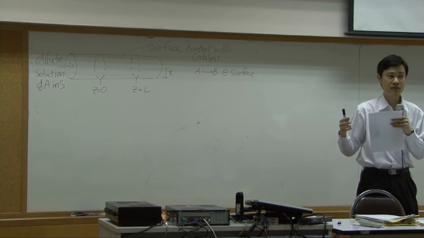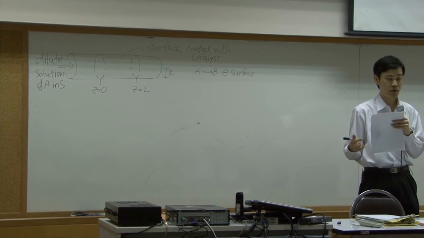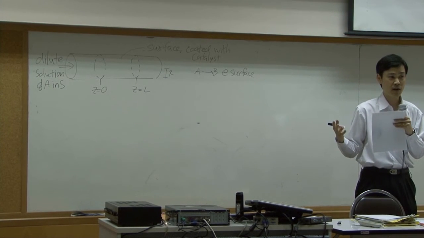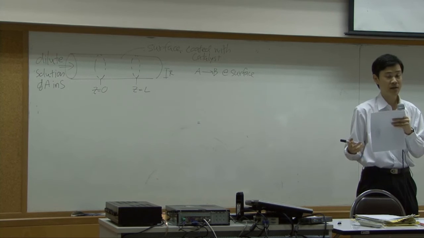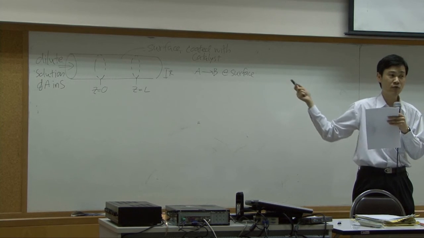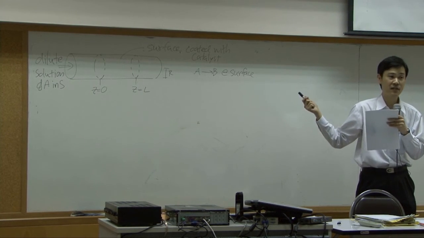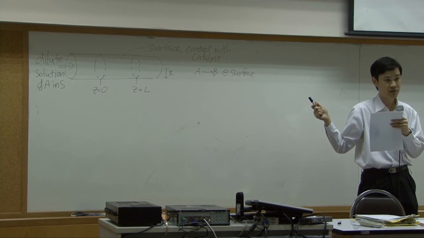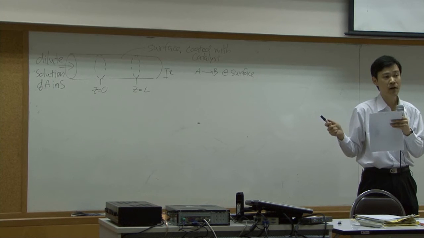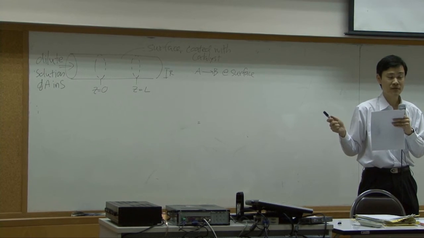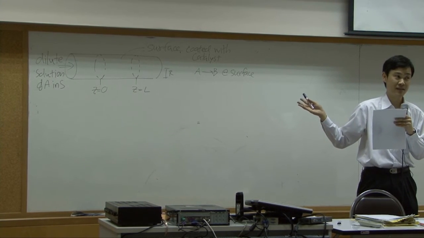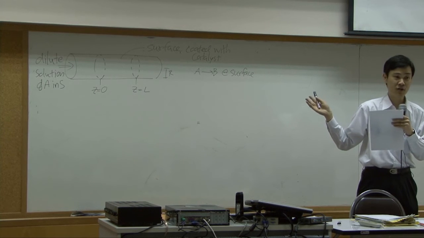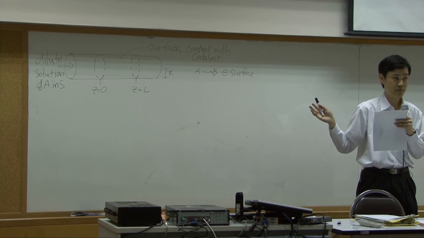If you want to start with mass transport, you need to ask yourself, do you know the velocity profile, right? Because right now we have convective transport dominating in the Z direction. In order to solve for mass transport along the Z direction, you will need to know the velocity profile. So it is very obvious that you need to start with momentum.